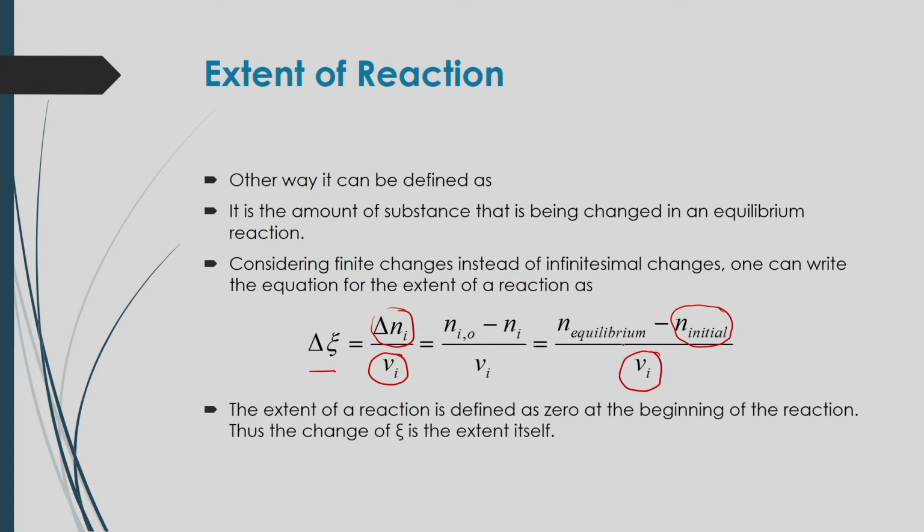In this way you can define the extent of reaction. The extent of a reaction is defined as 0 at the beginning of the reaction, because in that case the change of xi is the extent itself.